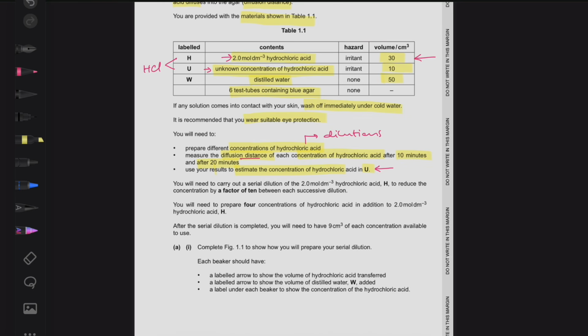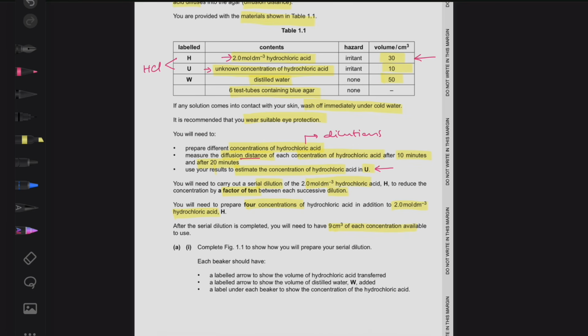So it says here we're going to carry out a serial dilution using the 2 mol/dm³ hydrochloric acid, and we're going to reduce the concentration by a factor of 10 between each dilution. We need to prepare 4 concentrations in addition to the original one, and after the serial dilution is completed, we need to have 9 cm³ of each concentration available to use, okay?